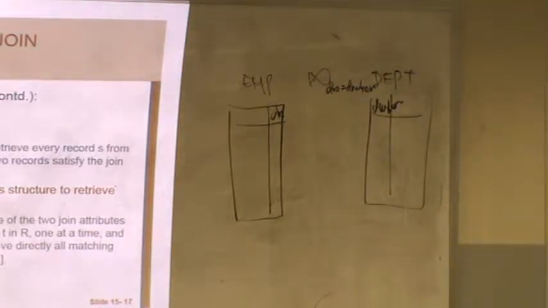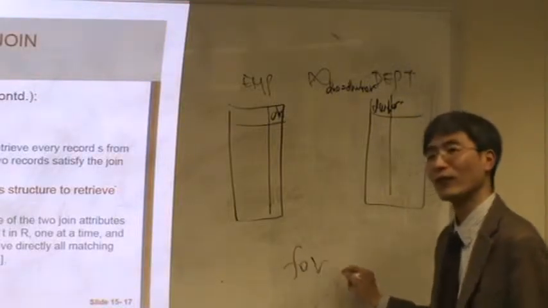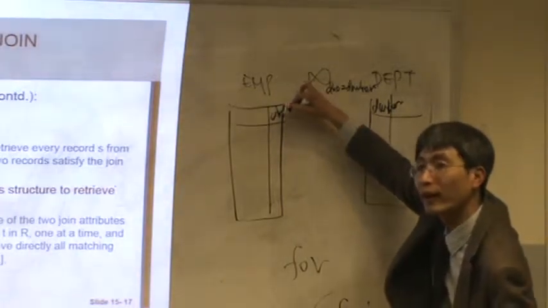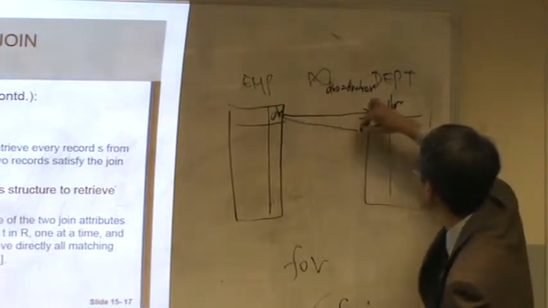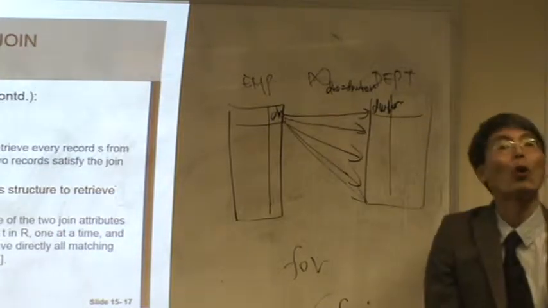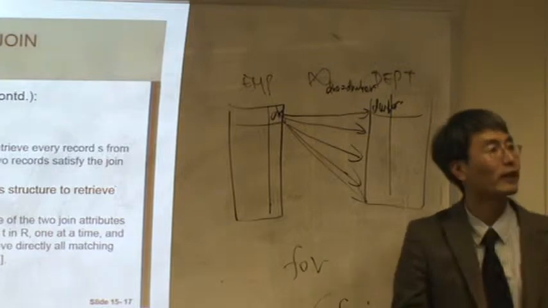Nested loop. What does it mean, nested loop? So two full loops, right? For each record of employee, find which one is matched for all. We do not use any index.